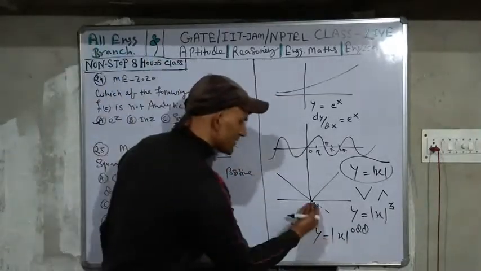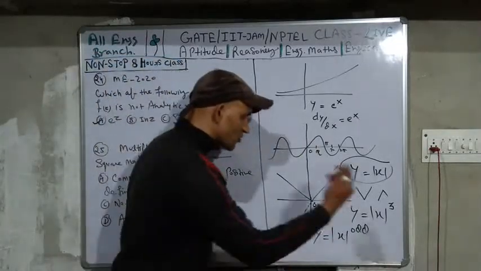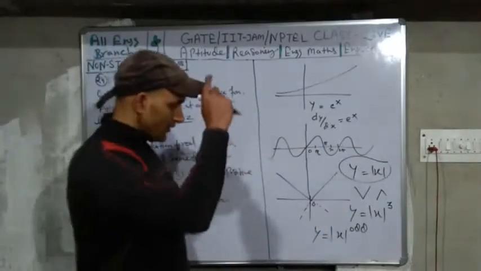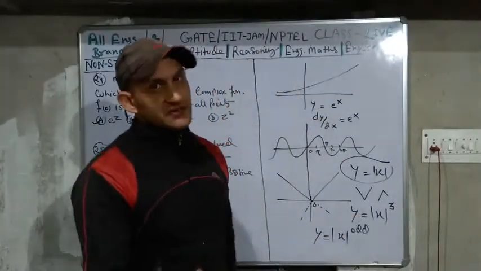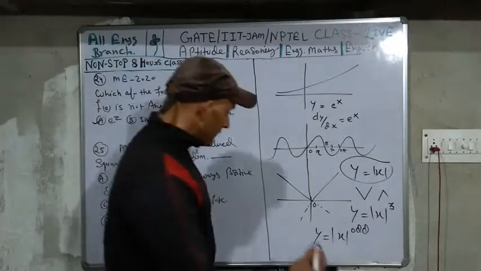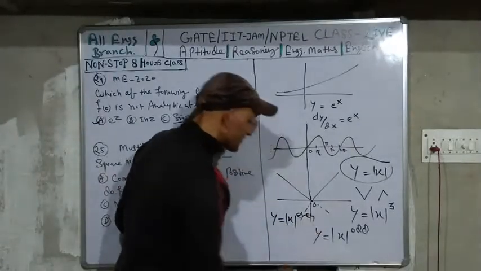So this function is not differentiable at 0. If the power is even, then the function is differentiable. If y is equal to x to an even power, this function is differentiable. No problem.